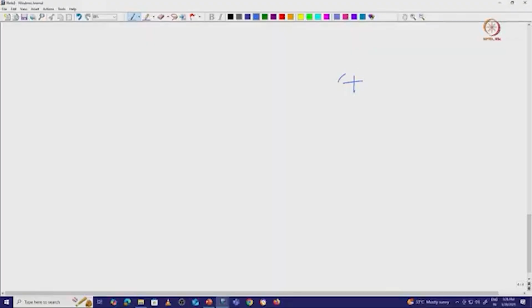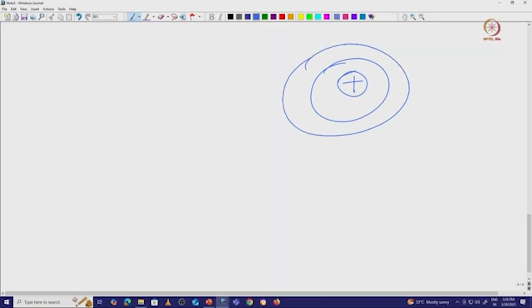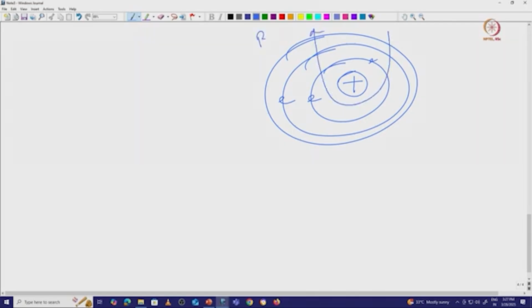If we are considering scattering, if we remember when we talked about scattering, the nucleus is there, and then there will be orbitals, with electrons in different orbitals, and sometimes an electron will come and go back, that is called a backscattered electron. Or sometimes an electron will directly collide here, and then this electron will go out, that will be the secondary electron.